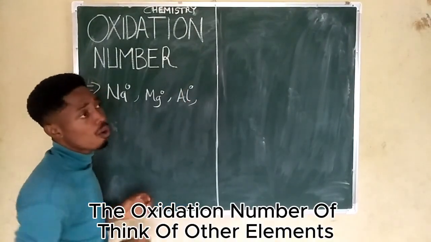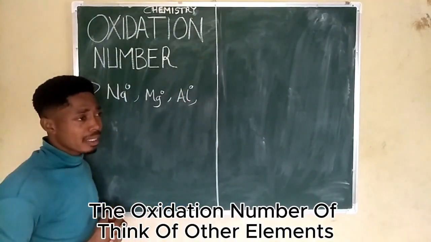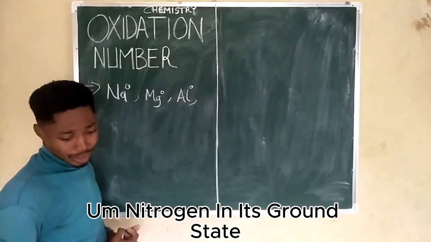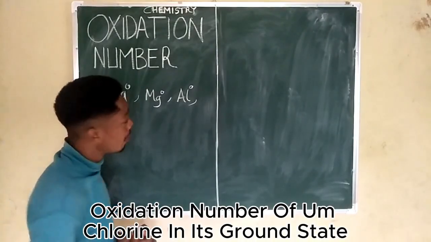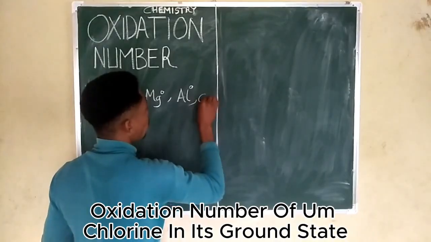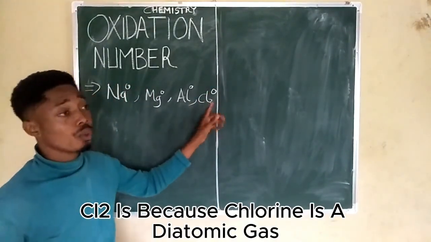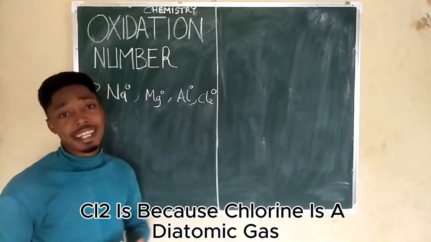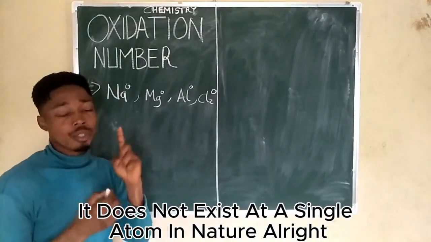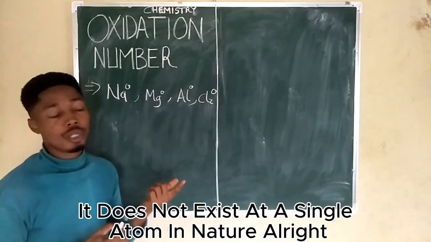The oxidation number of nitrogen in its ground state, oxidation number of chlorine in its ground state. The reason why I'm writing Cl2 is because chlorine is a diatomic gas. It does not exist as a single atom in nature.